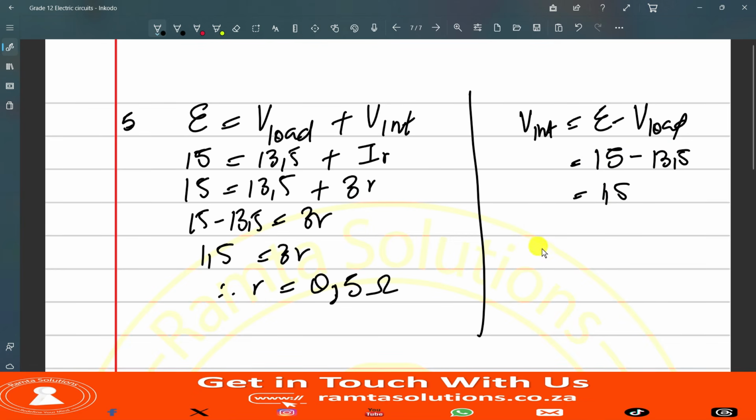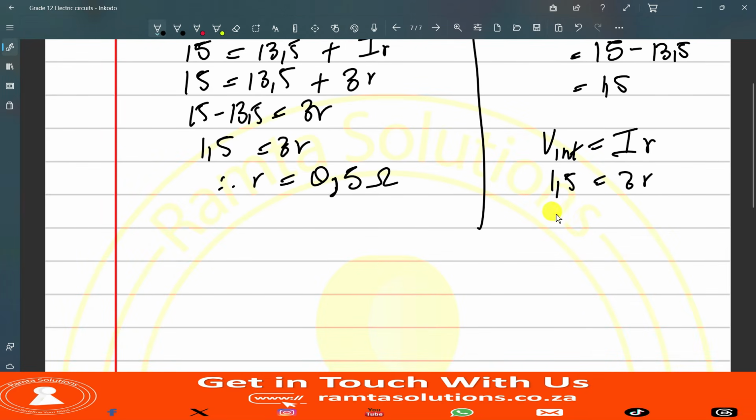Then proceed to say V internal equals IR and say 1,5 equals 3R, right? And then R equals 0,5 ohms. It doesn't matter as long as you get it.